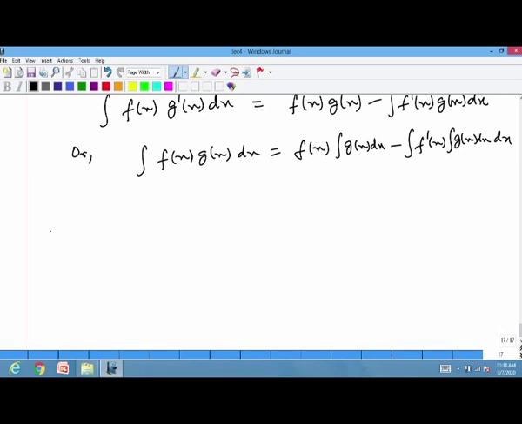So, let us write f(x) equal to (1 minus x squared) to the 5.